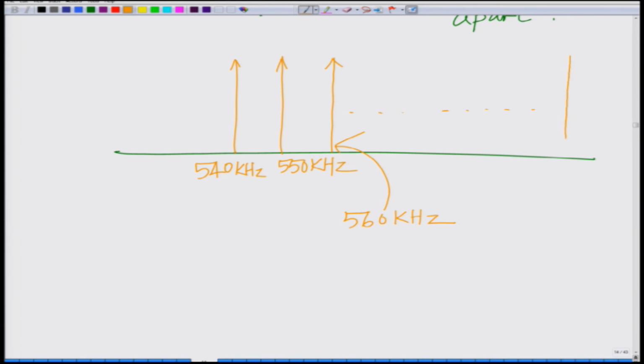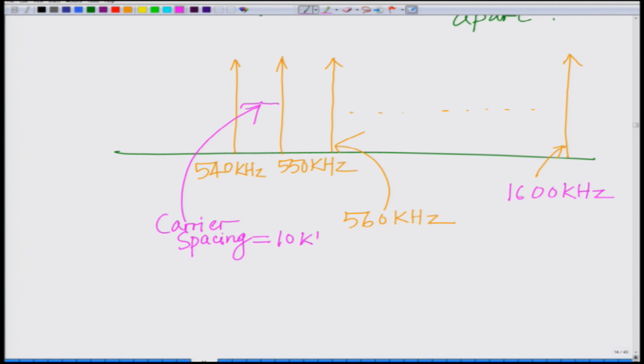Obviously this is not to scale, the last carrier will be at 1600 kilohertz. So the carrier spacing, that is your FC2 minus FC1, is only 10 kilohertz.